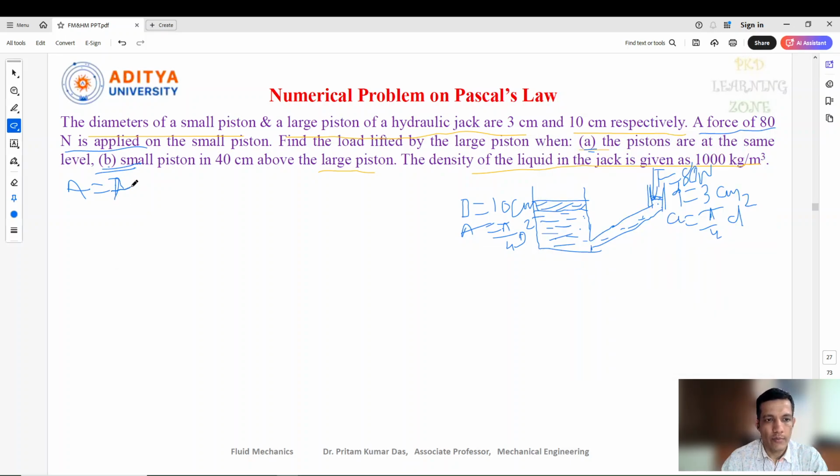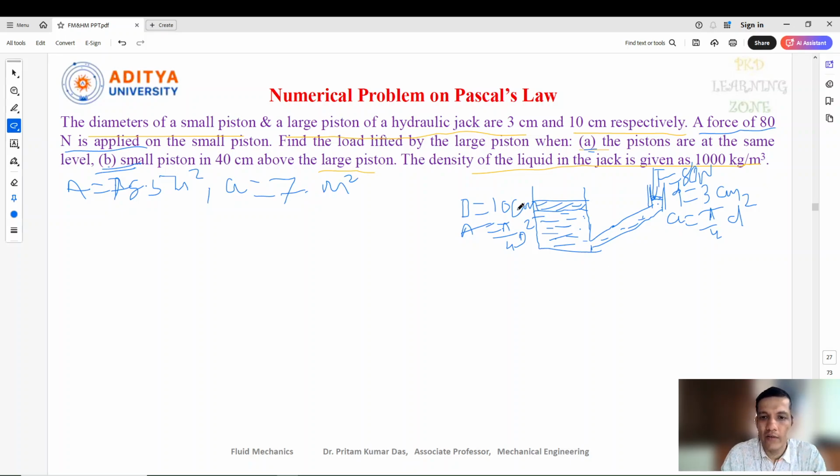So that is near about 78.5 centimeter square. Similarly, small a equal to, again we can write pi by 4 d square. d square means 9 into 3.14, 27 by 4. So it is near about 7 point something will come, that is centimeter square.